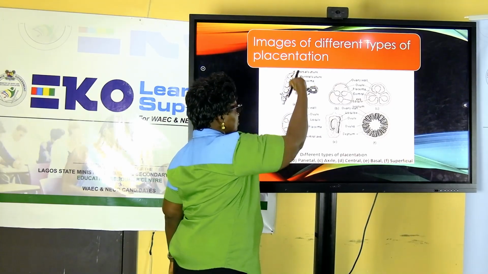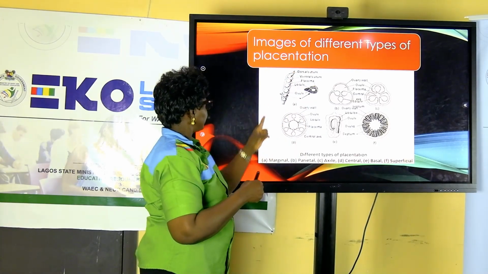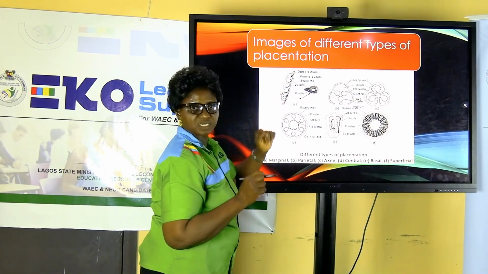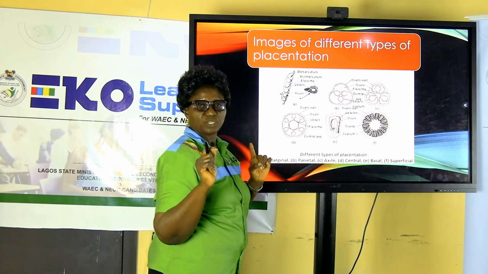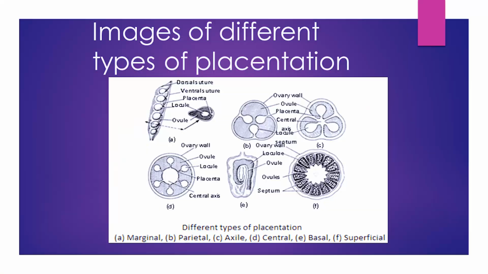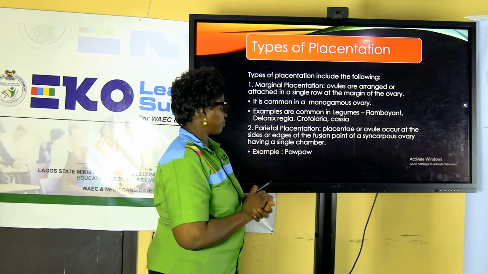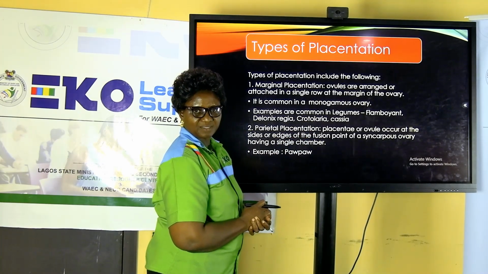In this structure, are you counting with me? 6 ovules, and they are wrapped up inside the ovary. But when you look at it, it's like they are arranged at the margin, and that is how the name marginal placentation occurs.